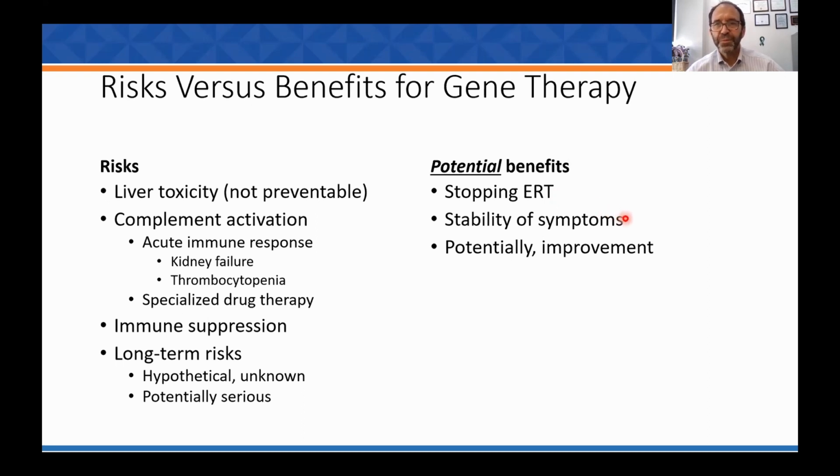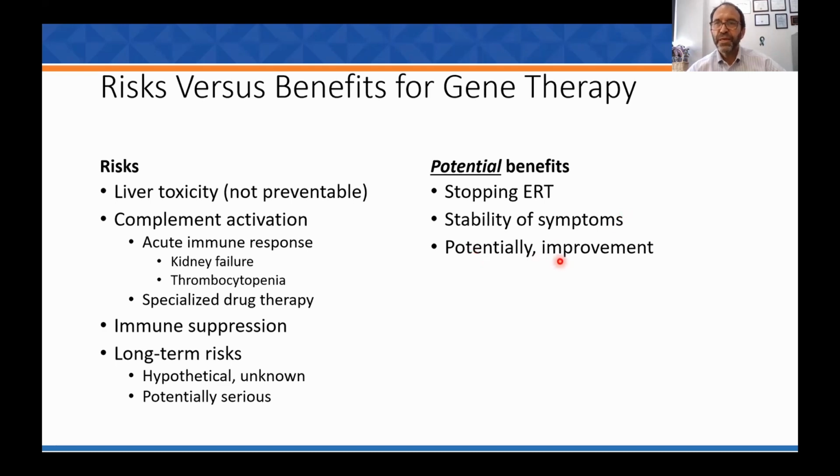But stability of symptoms. So it's known that for ERT, there can be a gradual progression of symptoms, say decreased muscle function, not being able to walk as far, maybe decreased pulmonary function, more difficulty with breathing, despite ERT in the years of treatment.